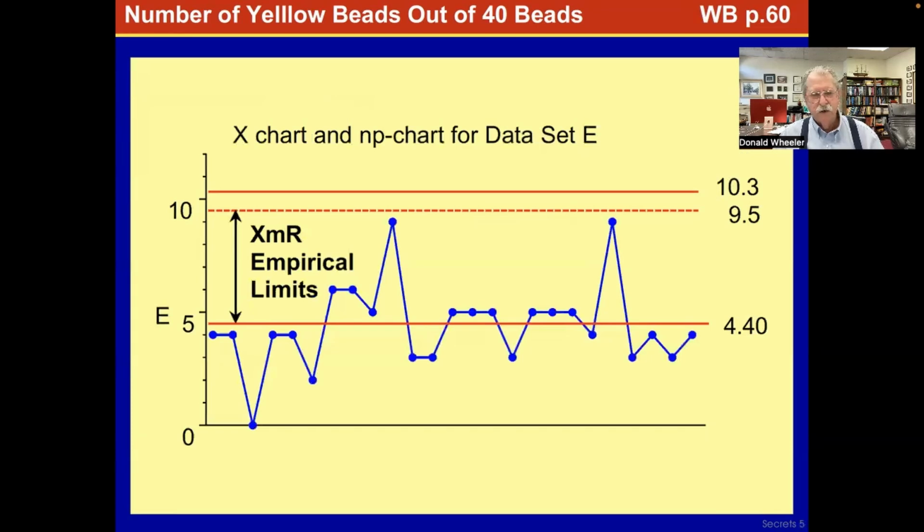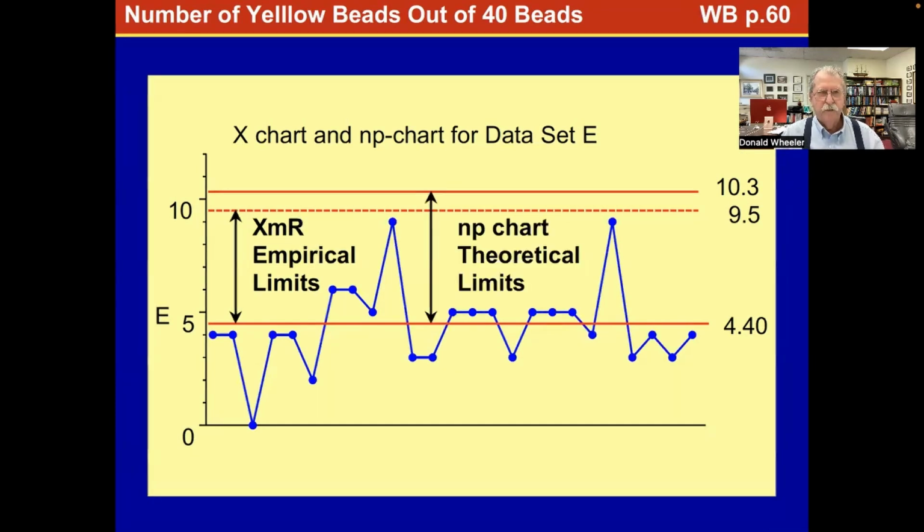The X chart computes an empirical 3 sigma distance based on the variation actually present in the data as measured by the moving ranges. These are the limits shown as dashed lines. The NP chart computes a theoretical 3 sigma distance based solely upon the average count. These are the limits shown as solid lines.